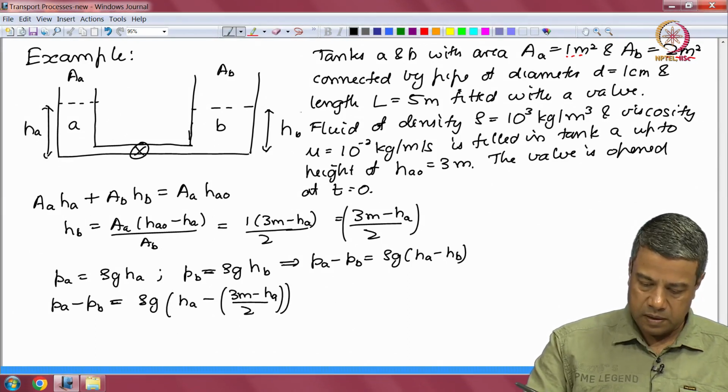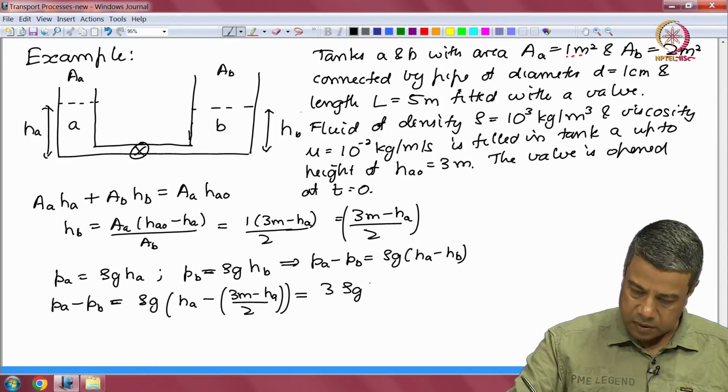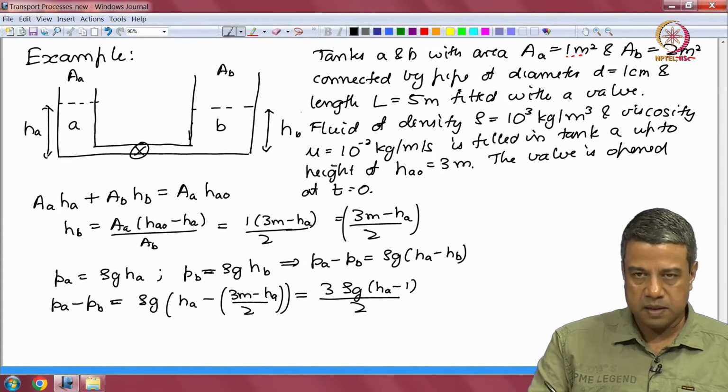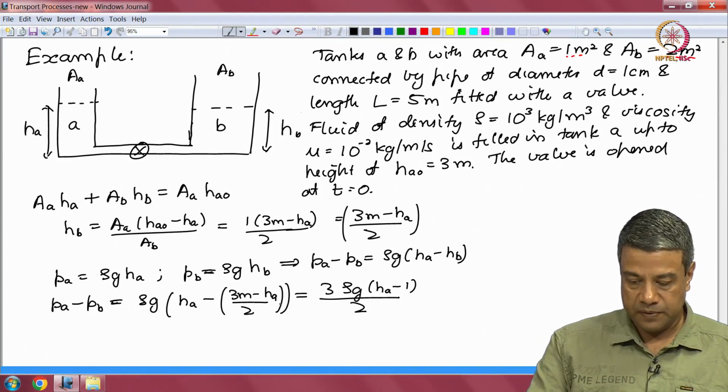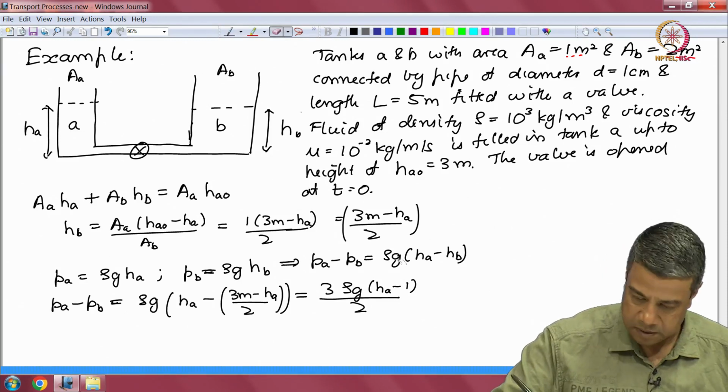And I can write this as 3 rho g into (HA by 2 minus 1 by 2). Because HA plus HA by 2 will give me 3 by 2 HA, and I have 3 by 2 here. So, this just becomes 3 rho g (HA minus 1 meter) by 2.